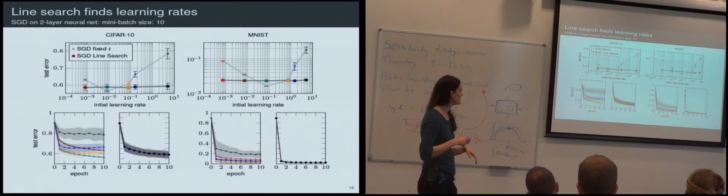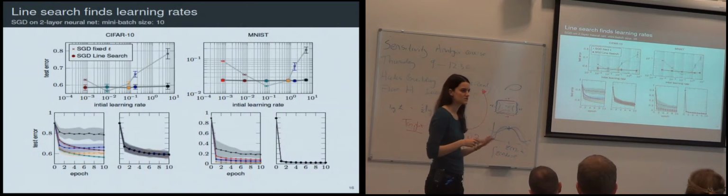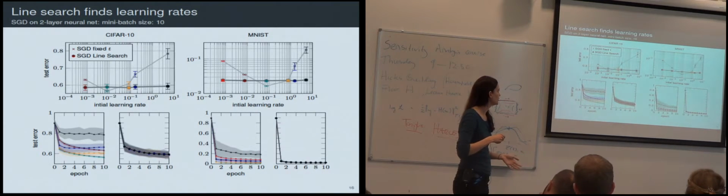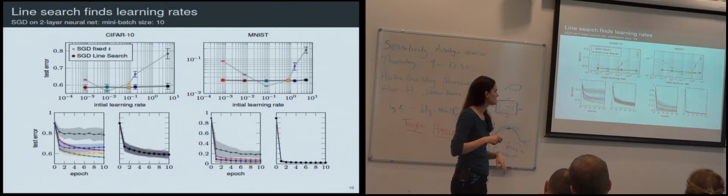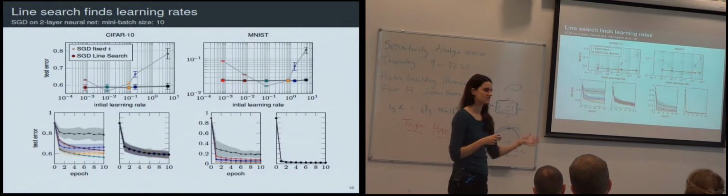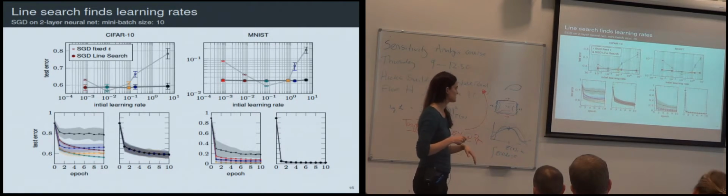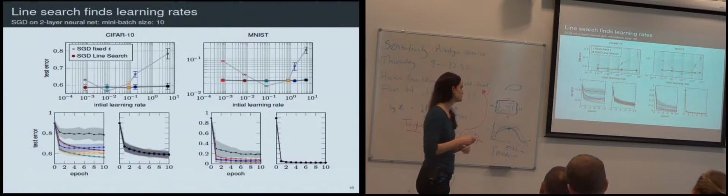And the lines for the line search show the performance when you initialize it, so the very first step is the learning rate indicated here. It's insensitive to the choice of this initial learning rate, and it just adapts the step size over time. The bottom plot is basically the same, but as the evolution in time, per epoch.